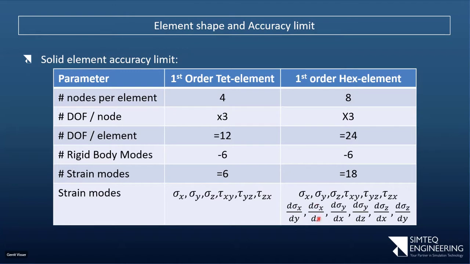The stress in X can also vary in the Z direction. I'll show these in a little bit. Then we've got stress in the Y that varies in the X direction, stress in Y in the Z direction, and so on. So you'll see that there's only 12 in this case, not 18. But again, we have that same issue with the warping on the faces, which doesn't really produce a useful stress result.